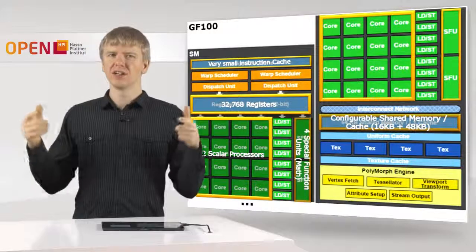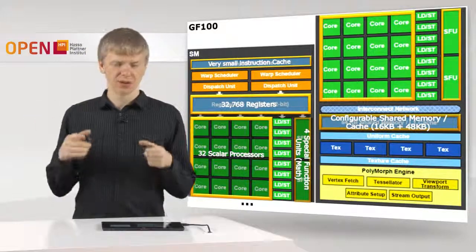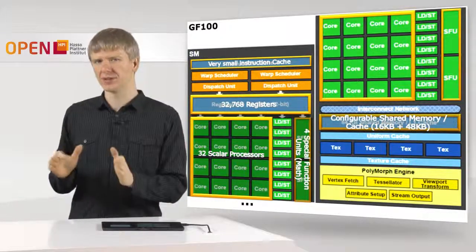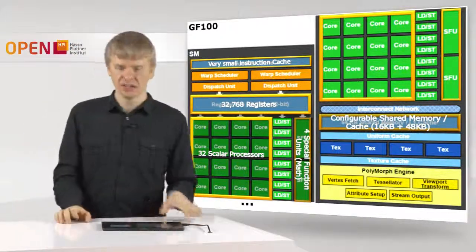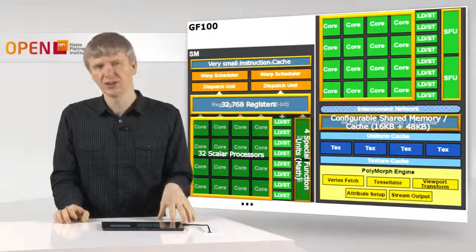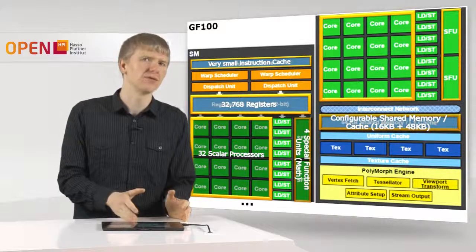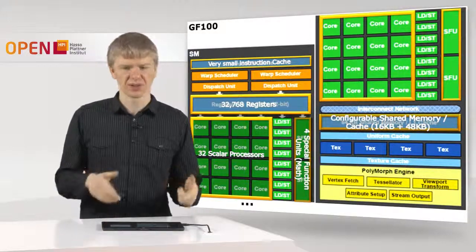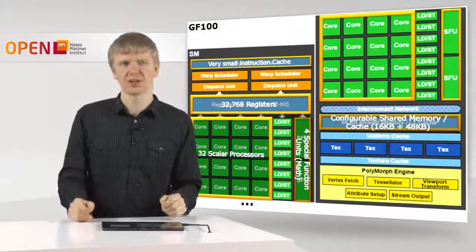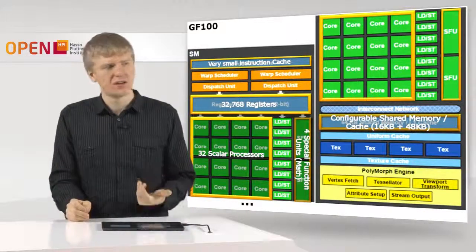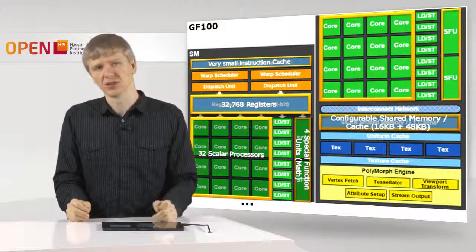And you also can use this cache yourself. So in contrast to CPUs where the cache is all implemented in hardware and you have no influence on this, here you can configure your cache in a way that you get the vast amount of the cache to manage it yourself. And you can actually say what is going into the cache and what is happening with the cache. This is pretty cool and adds new possibilities for you as a programmer.